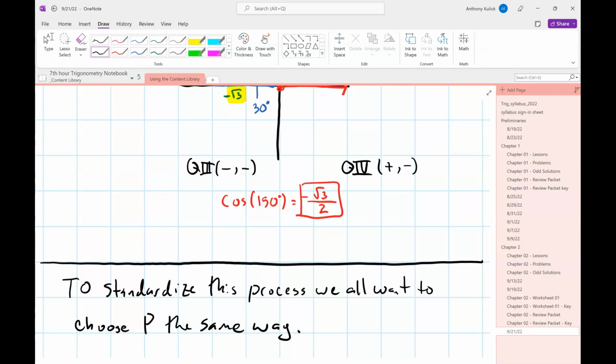The way we're going to choose our P is so that it's always the same distance from the origin. What do you suppose we're going to choose that distance to be?